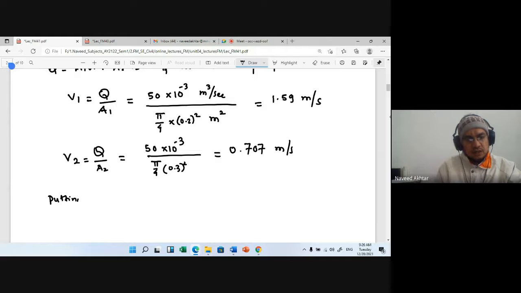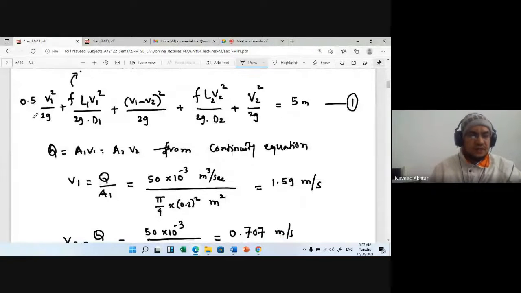putting the given values and calculated values in equation number 1.